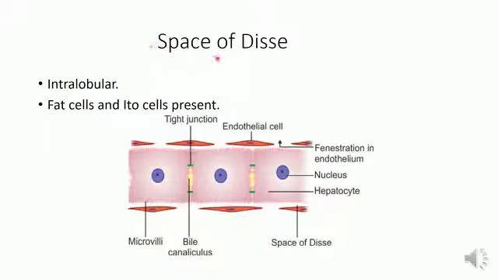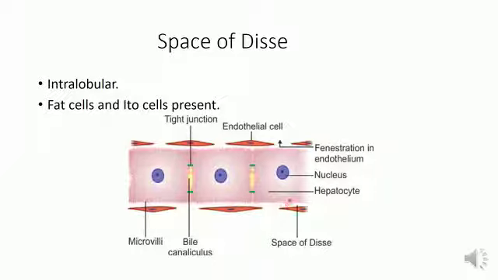Space of Disse. The surface of the liver cell is separated from the endothelial lining of the sinusoid by a narrow perisinusoidal space known as the space of Disse.